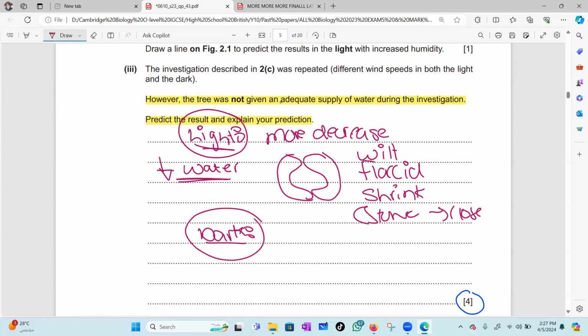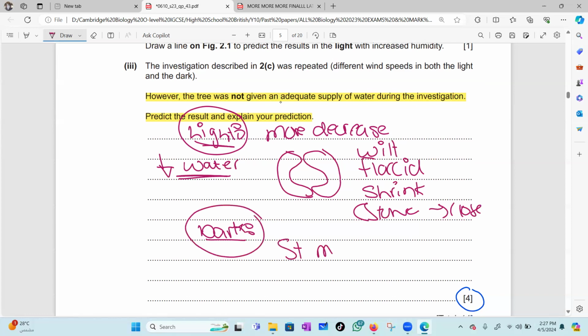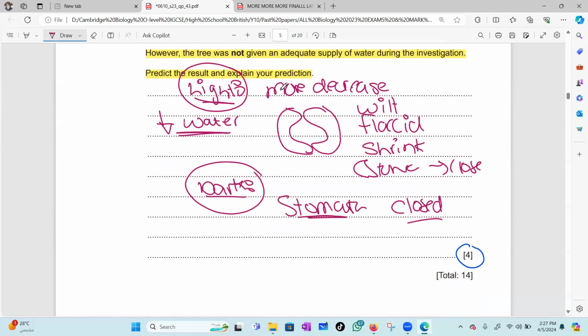In the dark, the stomata are already closed anyway, and with lack of water, they will close a little bit more. So it will be closed and flaccid. So also the rate of transpiration will decrease, but the difference will be very big in the light, and the difference will be less in the dark.